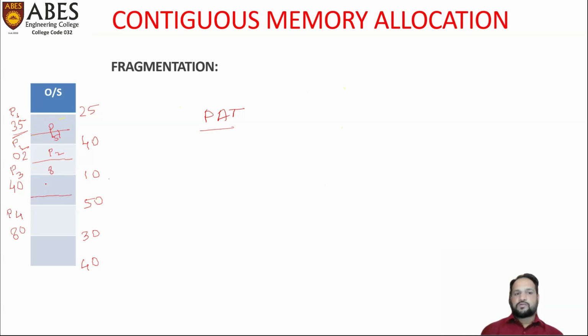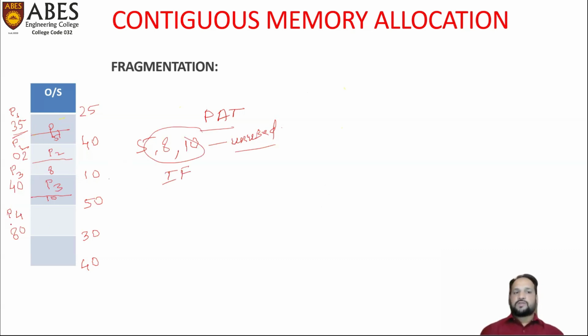Here in this part, P3 got accommodated and 10 MB is left blank. So as we can see, there is memory of 5 MB, 8 MB, and 10 MB which is unused. So these are what? Internal fragmentation.